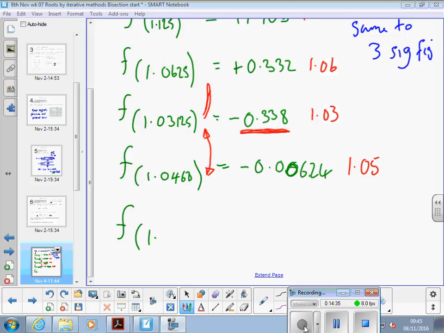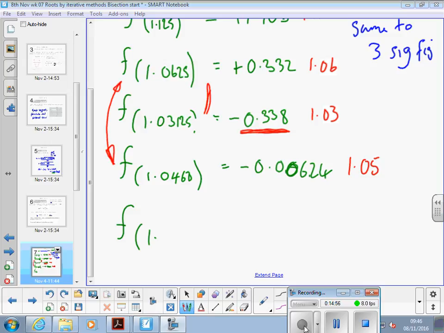That one and that, then that one, then that. That one was negative as well. We've got to go between these two.